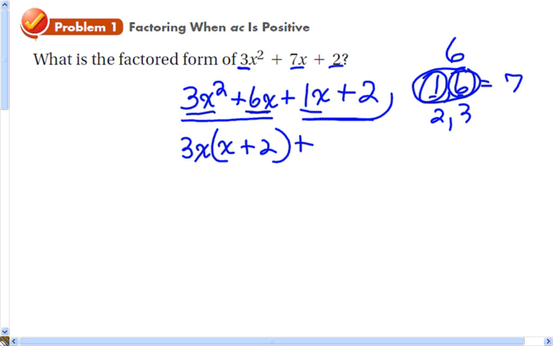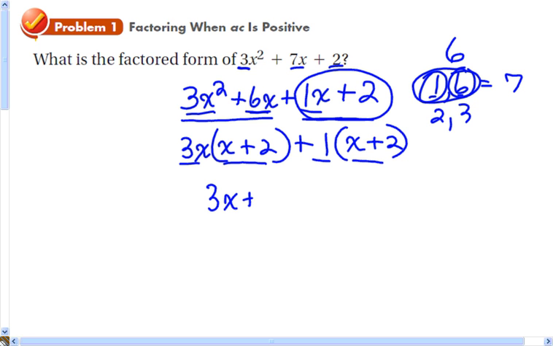And the second pair here, the greatest common factor there is 1, so I'm just going to factor out a 1. And I'm left with x plus 2. And notice what happens when we do that. We end up with a common factor in both those terms of x plus 2. So one of my factors is x plus 2, and the other factor using the distributive property is 3x plus 1.